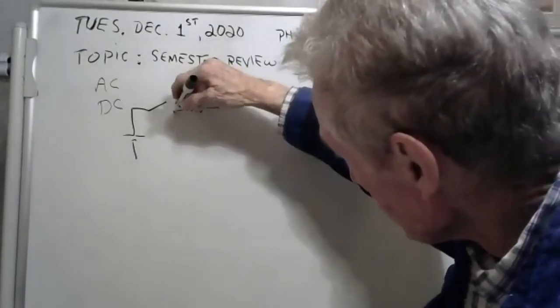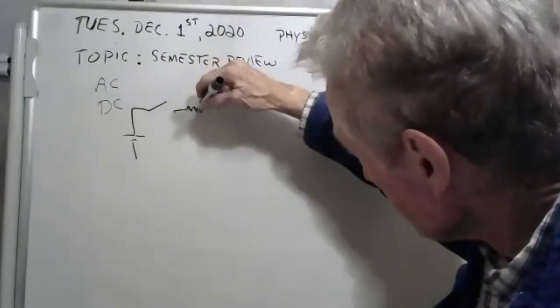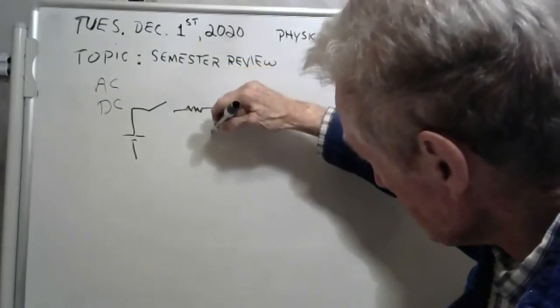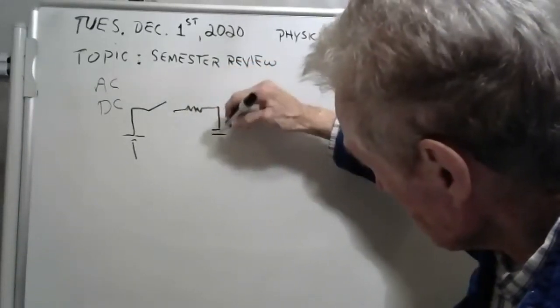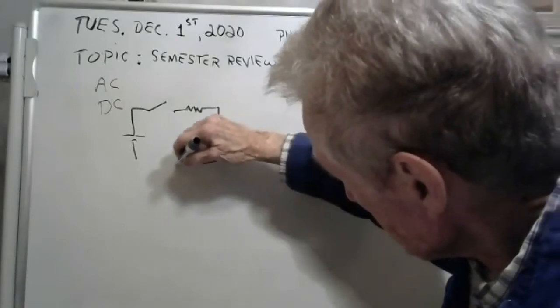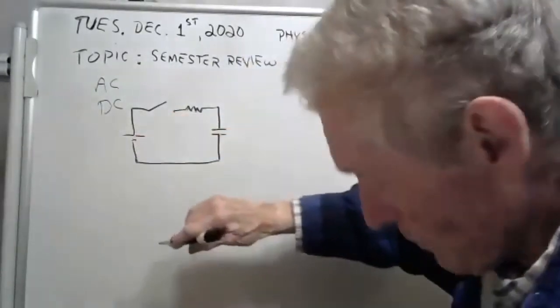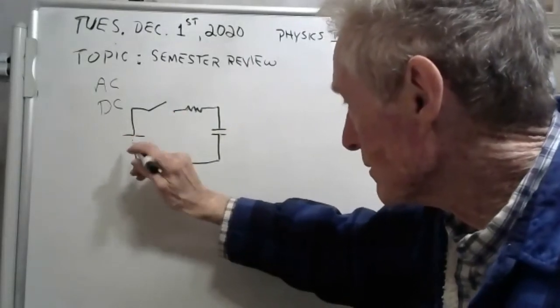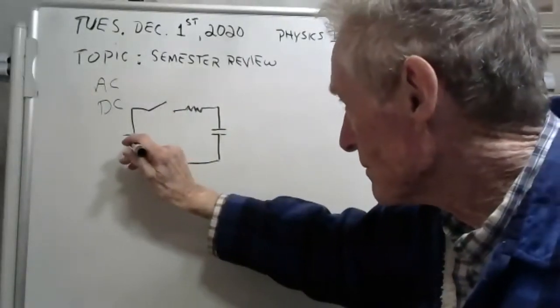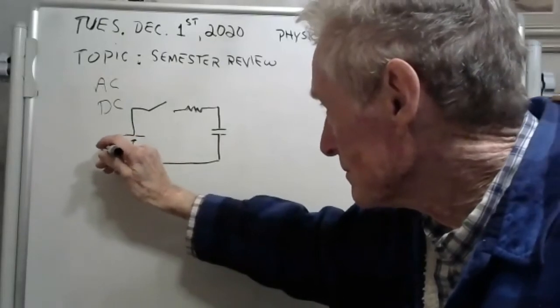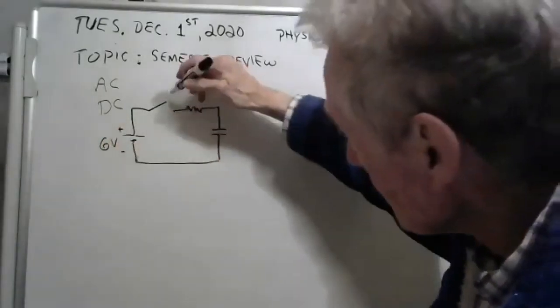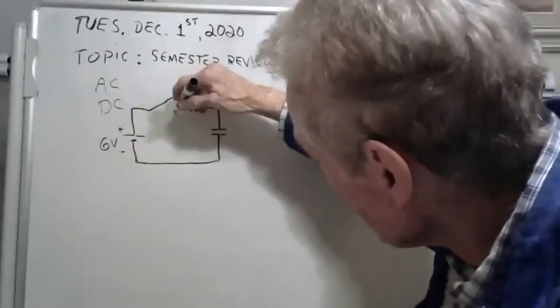This thing doesn't write very good, doggone it. Now we got a battery here. Let's say this is a 6-volt battery. We have some of those in the lab. And we have a switch here.